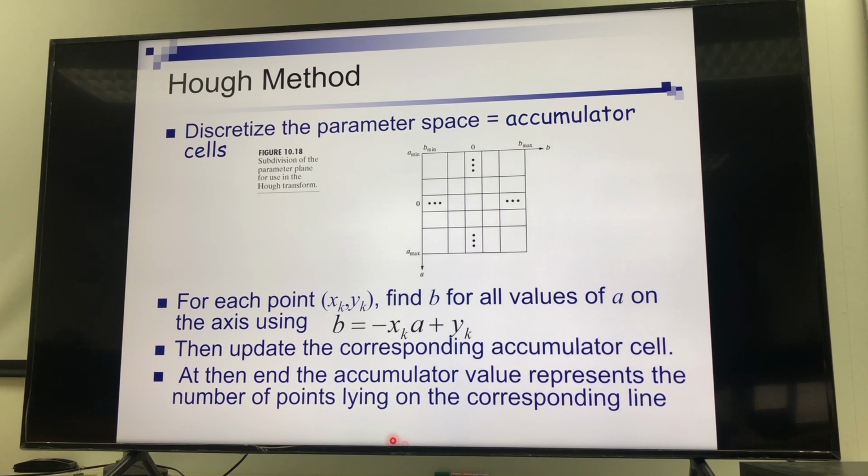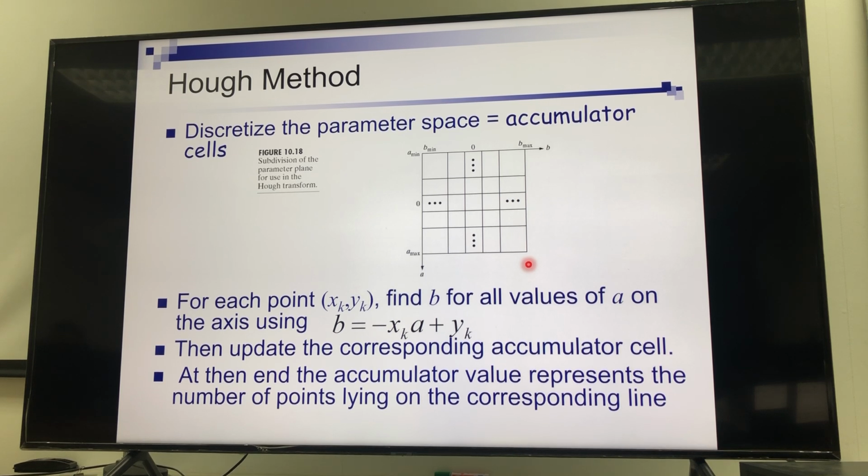That will be the corresponding line. This method has been used a lot because you can use it in a computer, and it doesn't take n cubed iterations. It takes only n, because if you got n edge points, you just need to do iteration n times. So it's a lot faster.